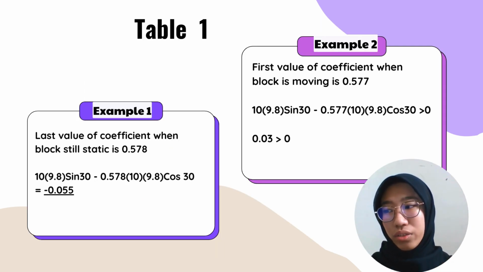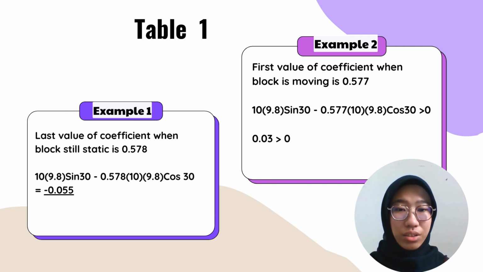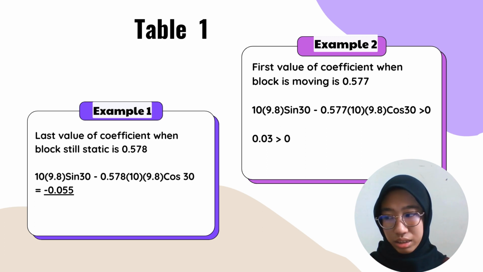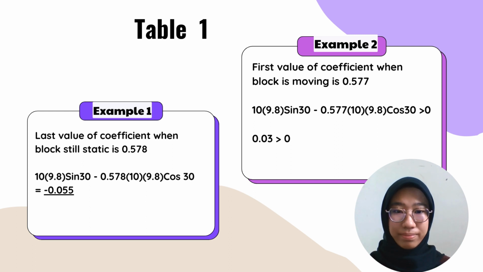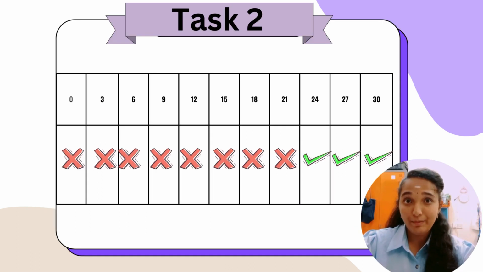The last value of the coefficient of static friction when the block is still static is 0.578, and the first value when the block is moving is 0.577.